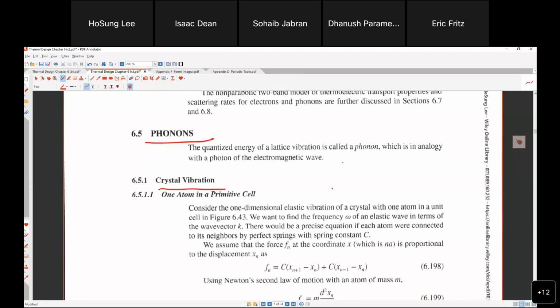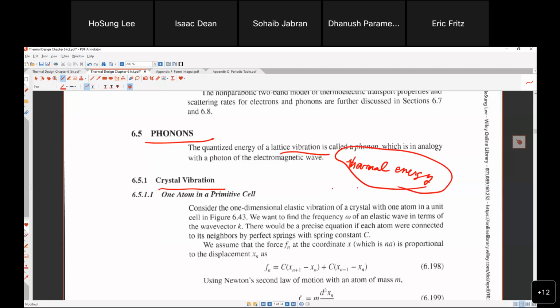So phonon is a vibration, a lattice-scale vibration, and also thermal energy. That's one of the goals of this course.